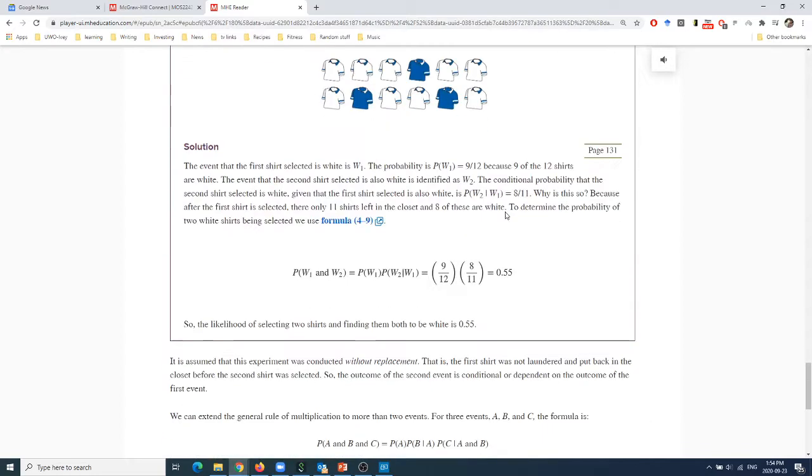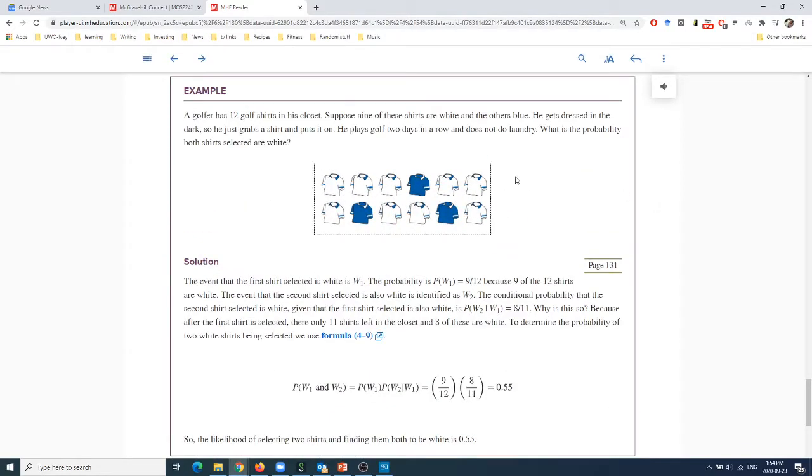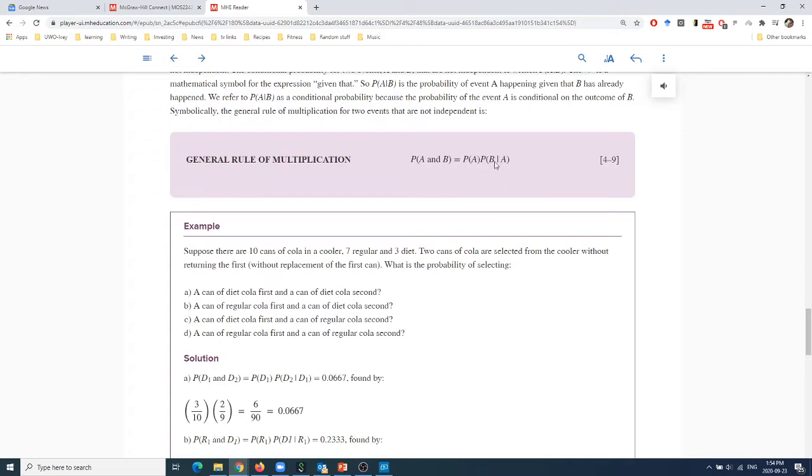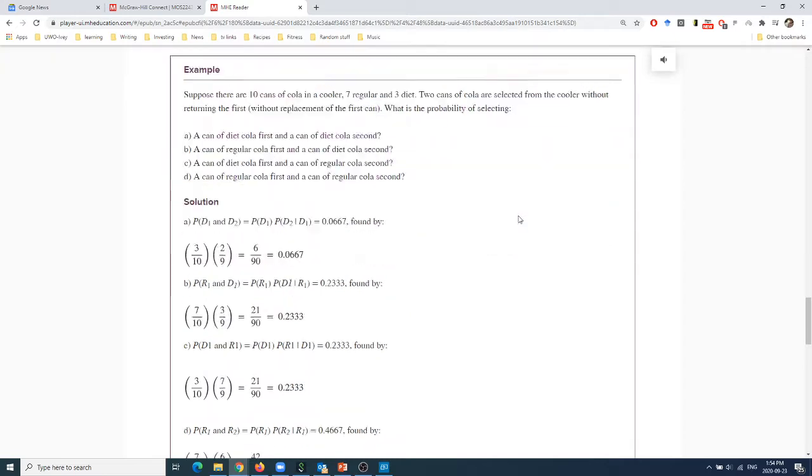Whereas here, if you pick out a white shirt or blue shirt, it affects the probability of picking the white or the blue shirt on the second day. And that's why you have to condition the second event based on event A already occurring.